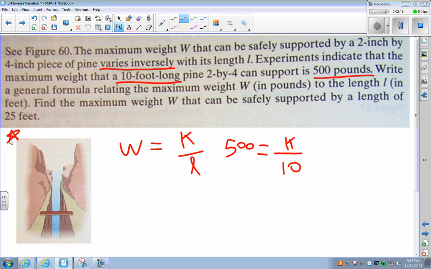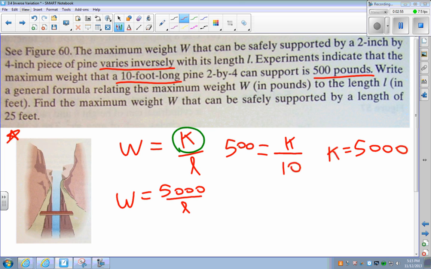Write a general formula relating the maximum weight W to the length L. Now, the reason why we need to set it up this way is that we need to solve for this constant k. Now, what we do, multiply this 10 over, and we'll get that k is equal to 5,000. Now we can plug k back into our original equation, and we get that our weight is equal to 5,000 divided by L. All right, but that's not quite the end of it yet.